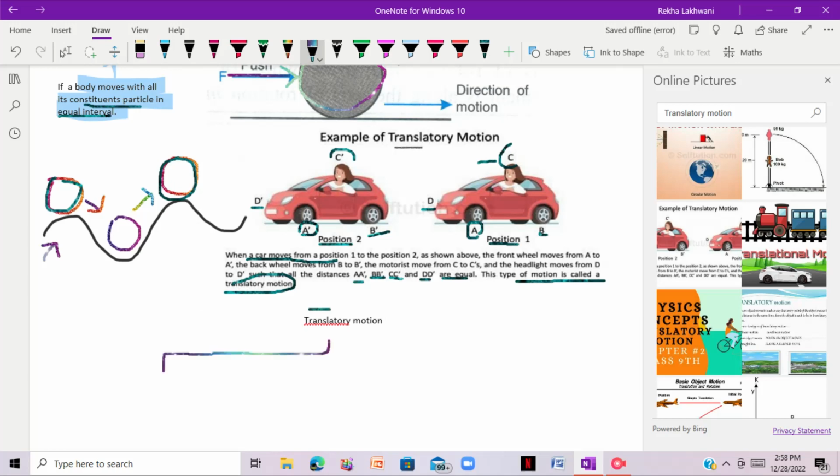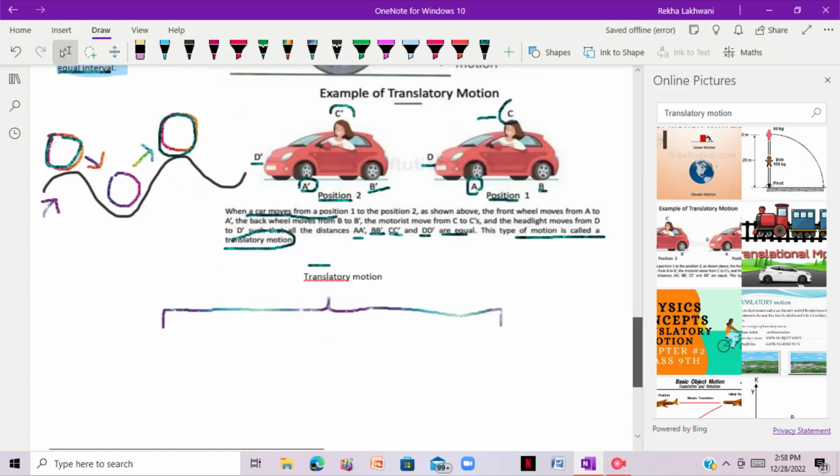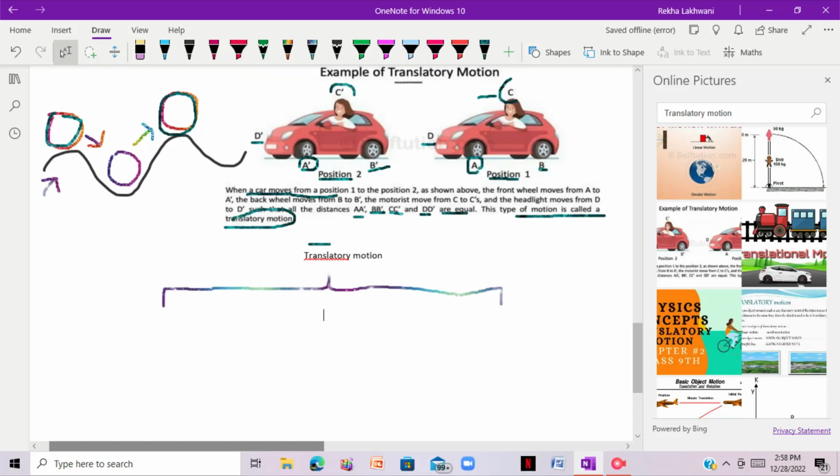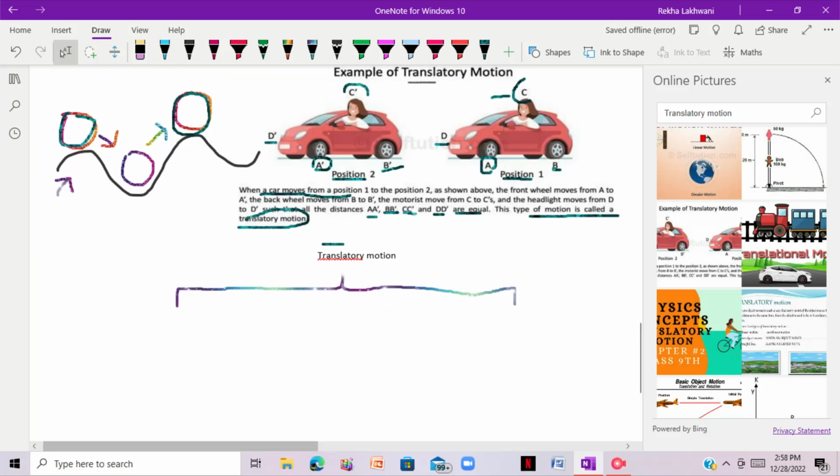The number one is rectilinear motion. And number two is curvilinear motion. Right? Now, what is rectilinear motion?